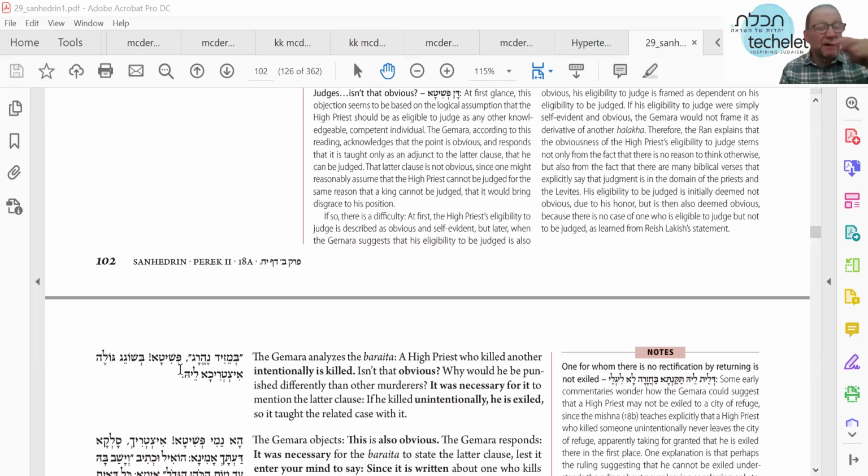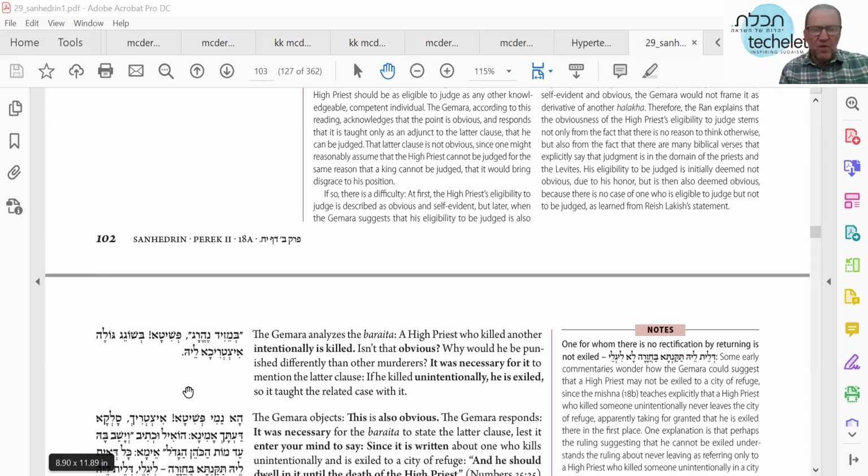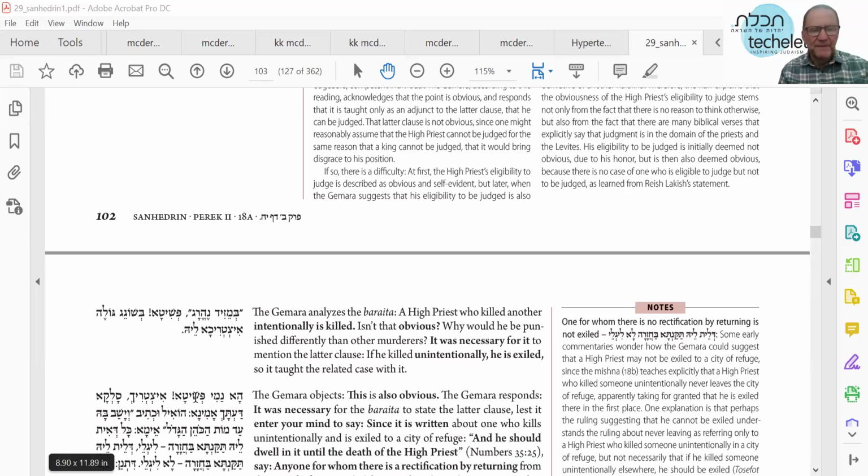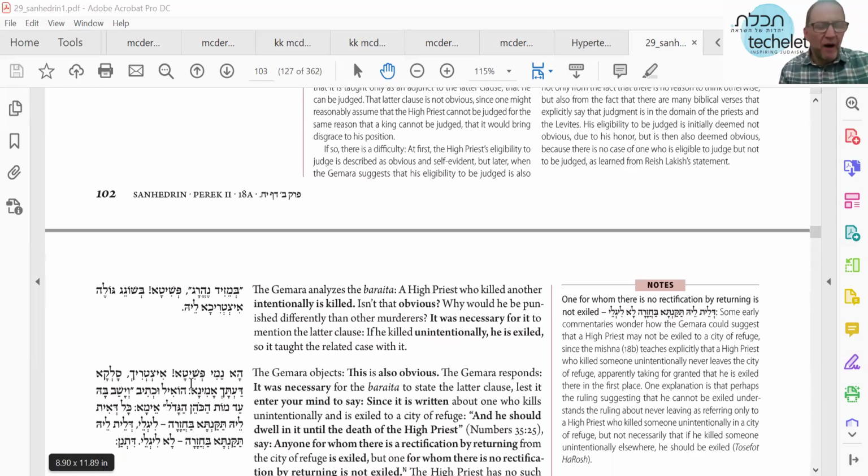Says the Gemara, we need to be told that in the baraita because b'shogeg goleh itztricha lei. We need to be told that he does get exiled because we might think otherwise. So why might you think otherwise? The Gemara says that's also obvious. Hani mi pshita, that's also obvious.